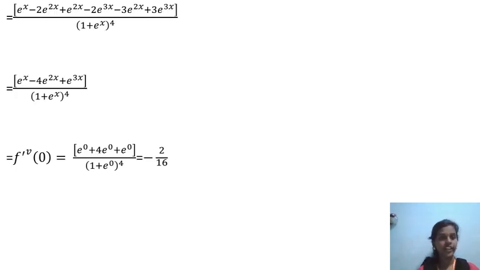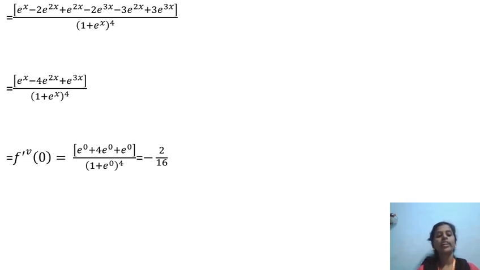Then we get e^x − 2e^x plus e^(2x) − 2e^(3x) − 3e^(2x) + 3e^(3x), divided by (1 + e^x)^4. Then we get e^x − 4e^(2x) + e^(3x) divided by (1 + e^x)^4.